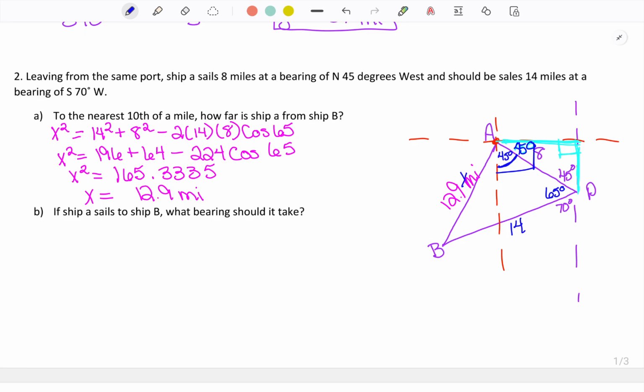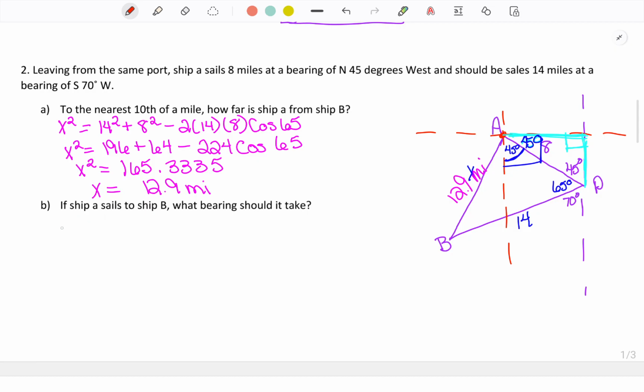So what we need to do is figure out what this angle is total. We're going to call this angle A. And so we can now use the law of sines for this. We are going to take the sine of A over 14, and it is going to equal the sine of 65 over that 12.9 that we found.